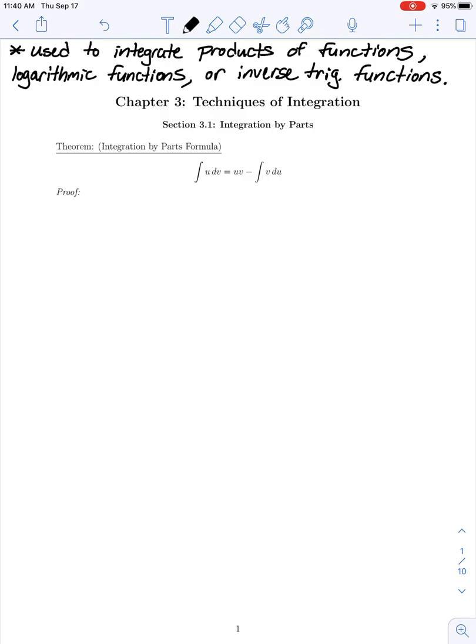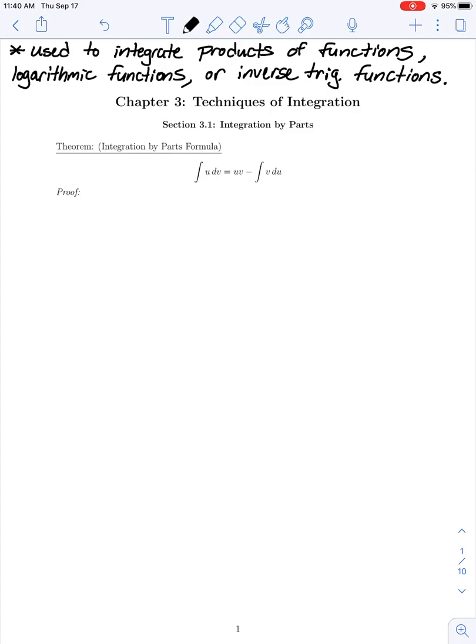We know how to find antiderivatives of the standard trig functions: sine x, cosine x, tangent x, secant, cosecant, or cotangent. But what about the inverse trig functions, like arc sine of x? How do we find an antiderivative of that? We're going to use integration by parts to do that.